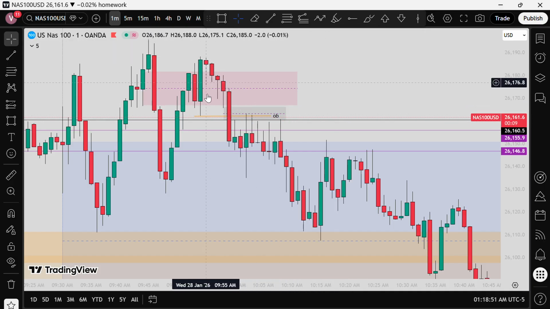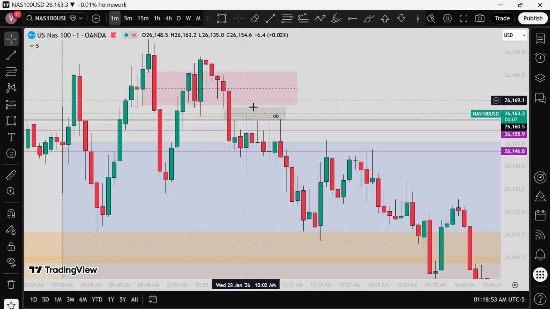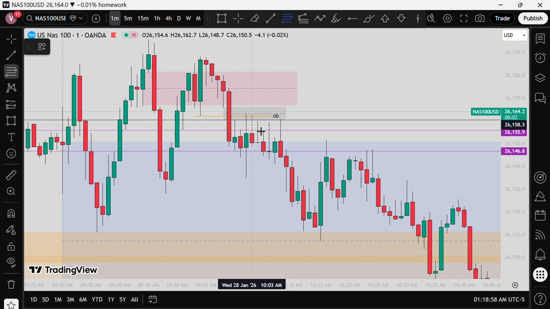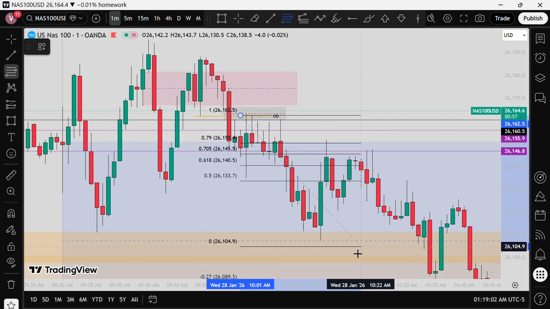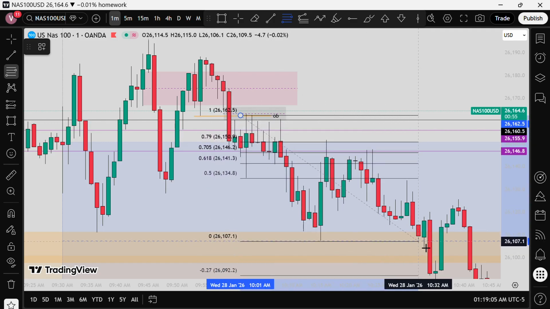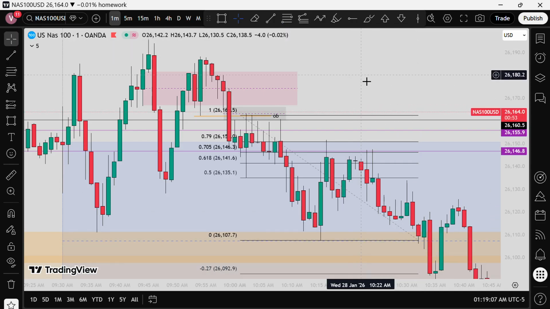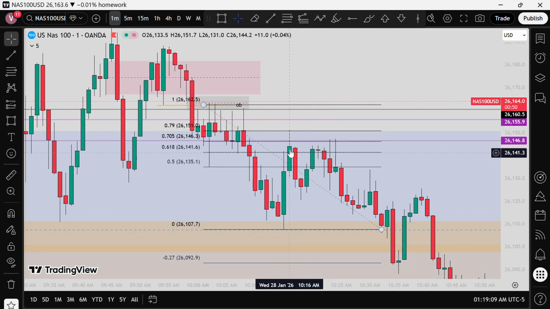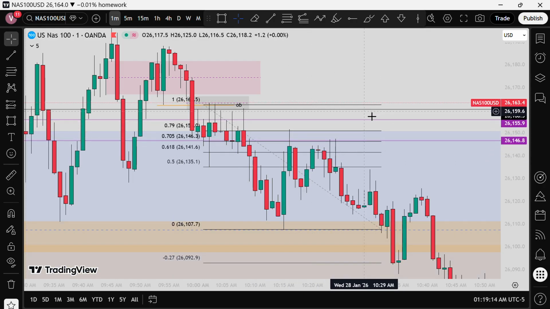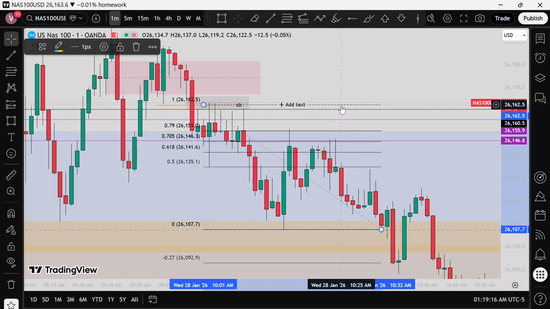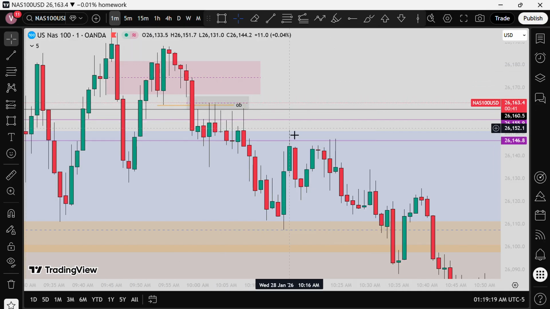Now anything about the CISD, we consider it balanced. So if we were to use our OTE, which would be from this OB level to this swing low, then you will find a good retracement to it till the OTE levels and also the new week opening gap, and hence that becomes another entry here or even here.